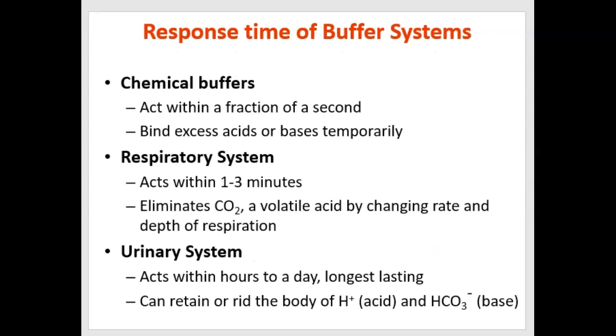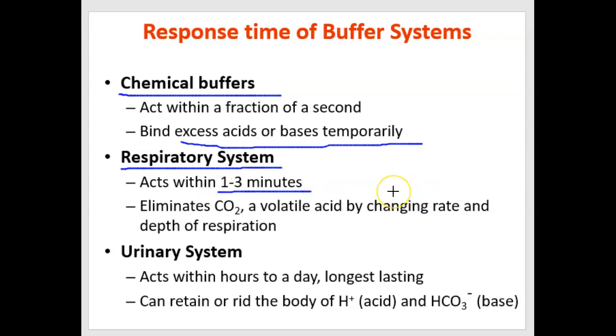So let's talk about response time. The chemical buffers can act within a fraction of a second by just immediately binding an excess acid or base temporarily. The respiratory system then would kick in if there was still an imbalance, between 1 to 3 minutes, so pretty quickly.